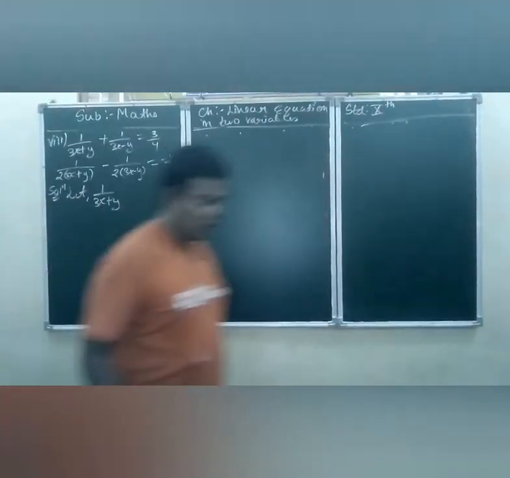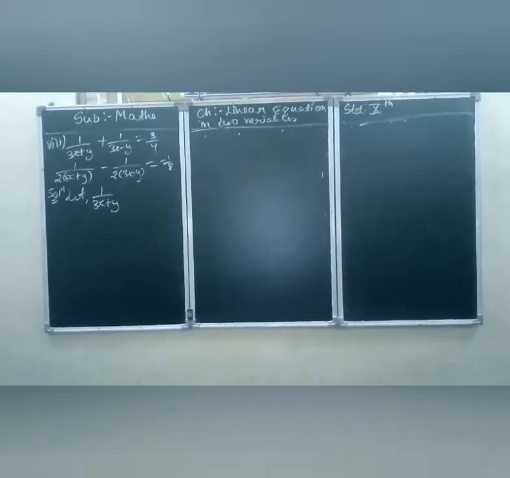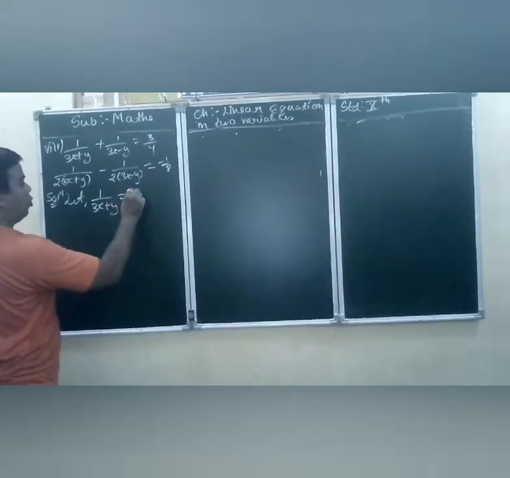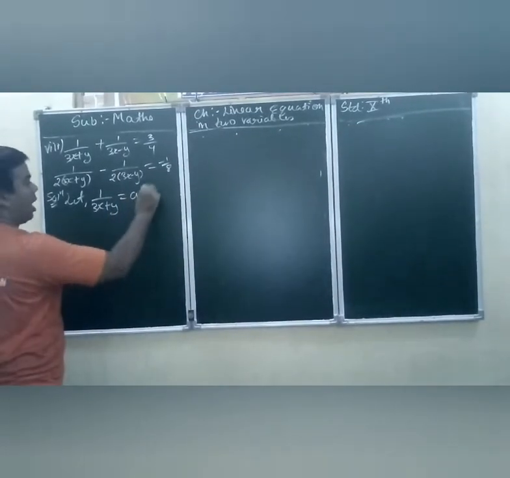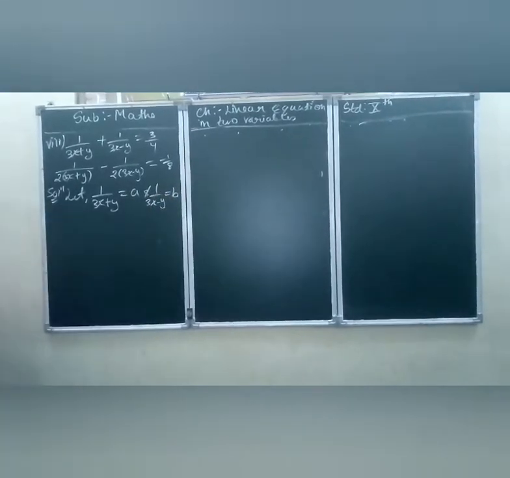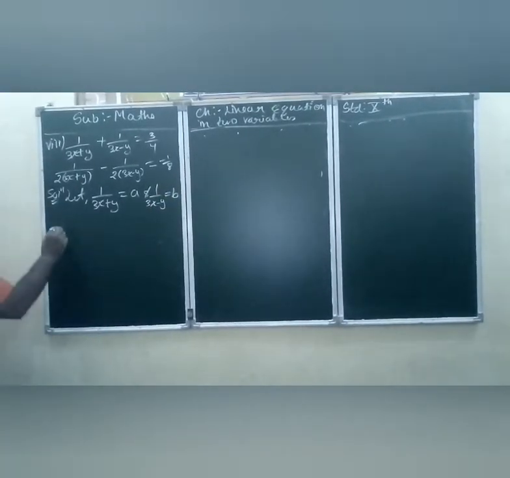So let 1 by 3x plus y equal to a and 1 by 3x minus y equal to b. Now make the equation.